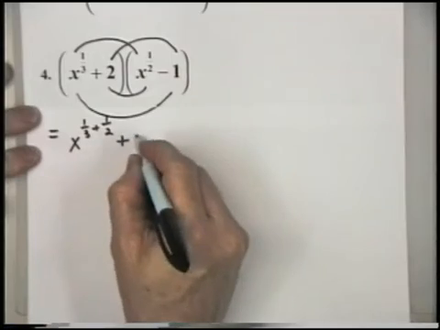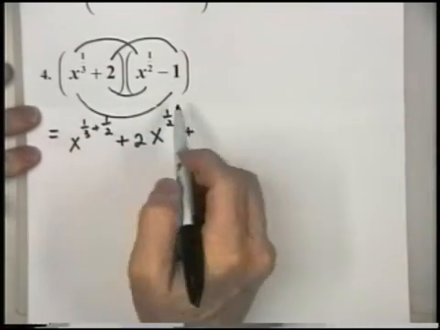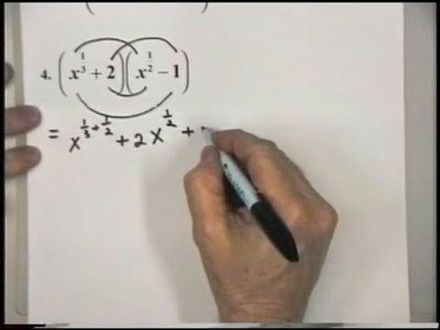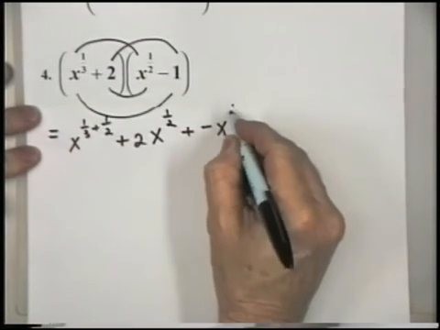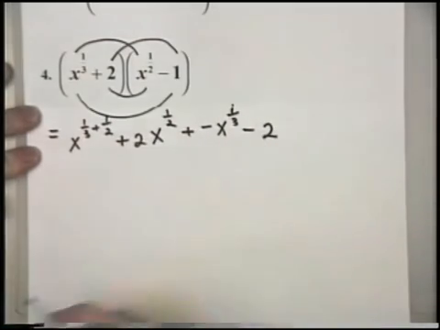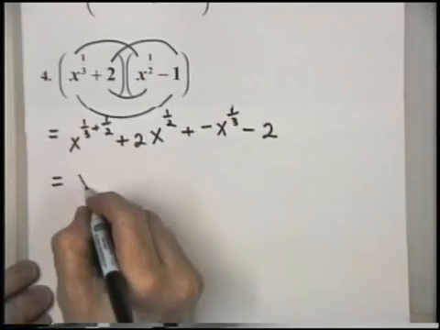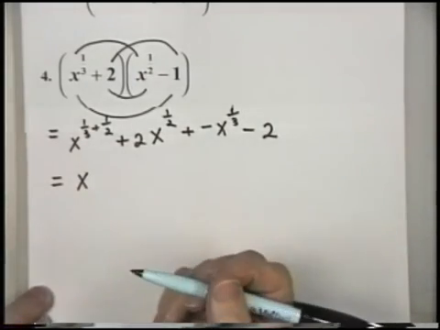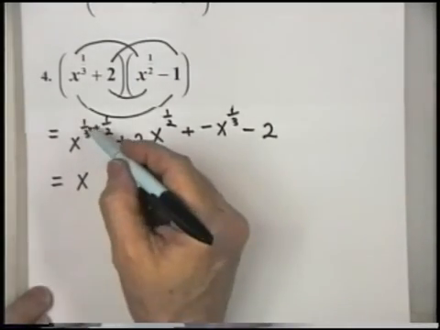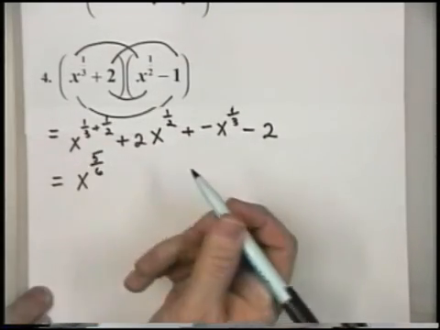Now the inner two, maybe, that'd be plus 2x to the 1/2. The outer two, that'd be plus a negative, wouldn't it? x to the 1/3. And then minus 2. Simplify that. 1/2 plus 1/3. Well, we know what that is.